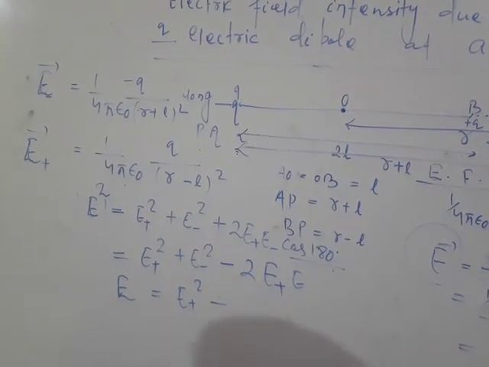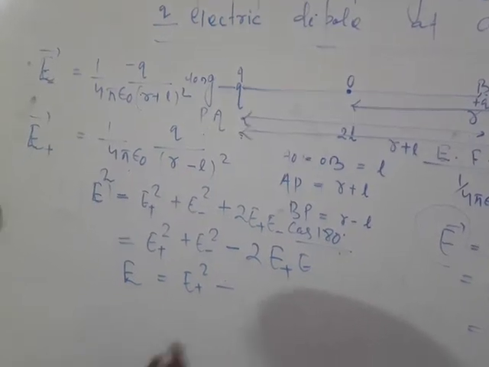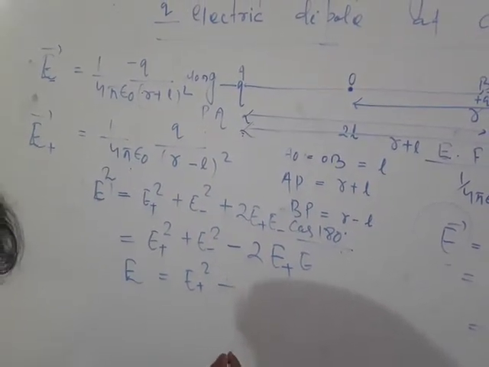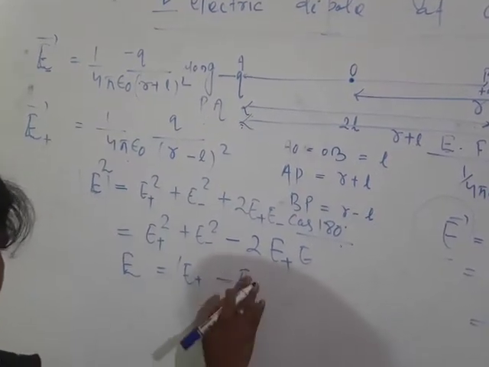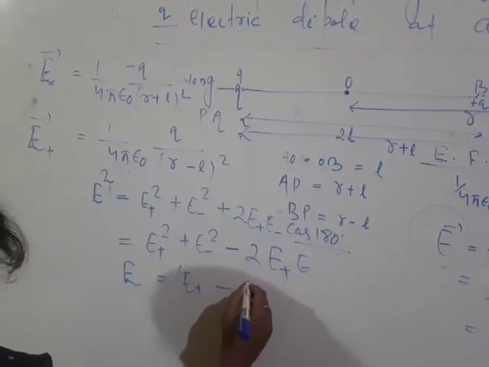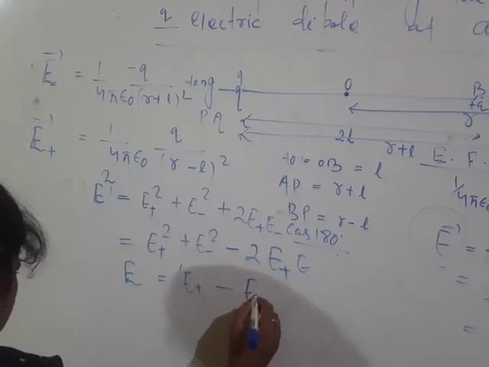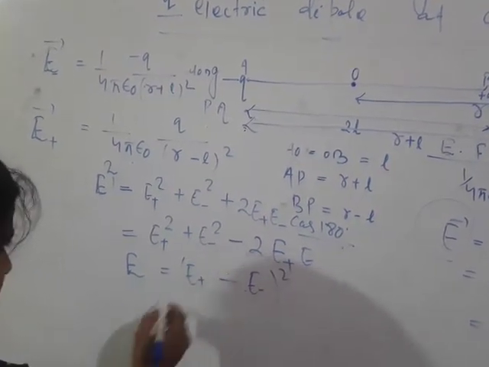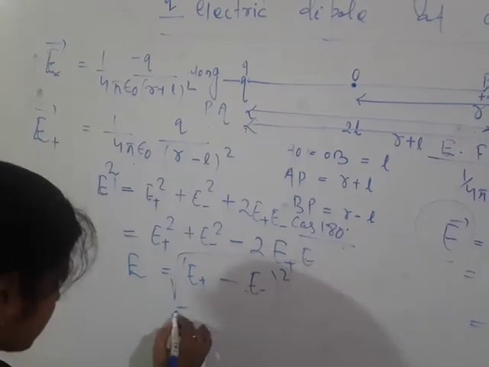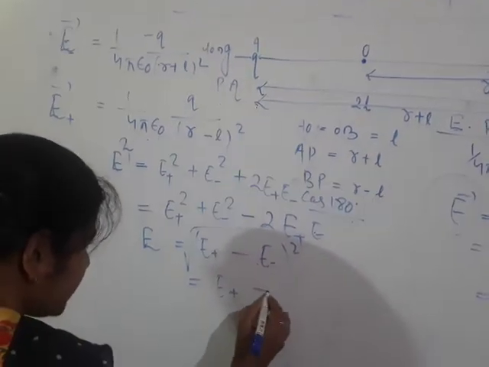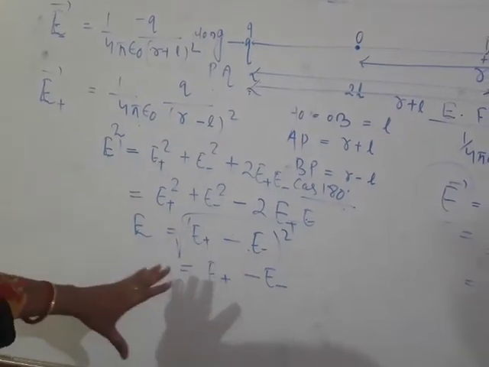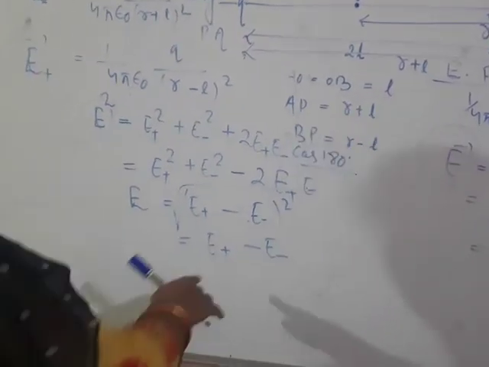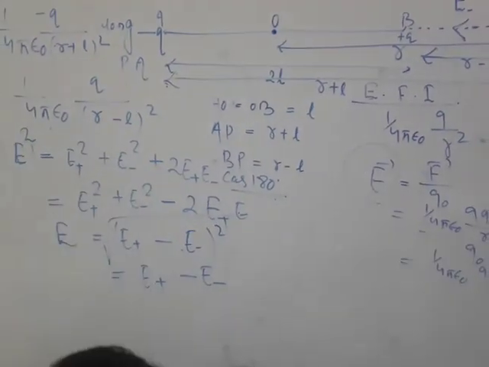So we can write E plus square minus, sorry, a plus b whole square, E plus minus of E minus whole square, square root. So we will get E plus minus E minus. So simply we have to subtract E minus from E plus.